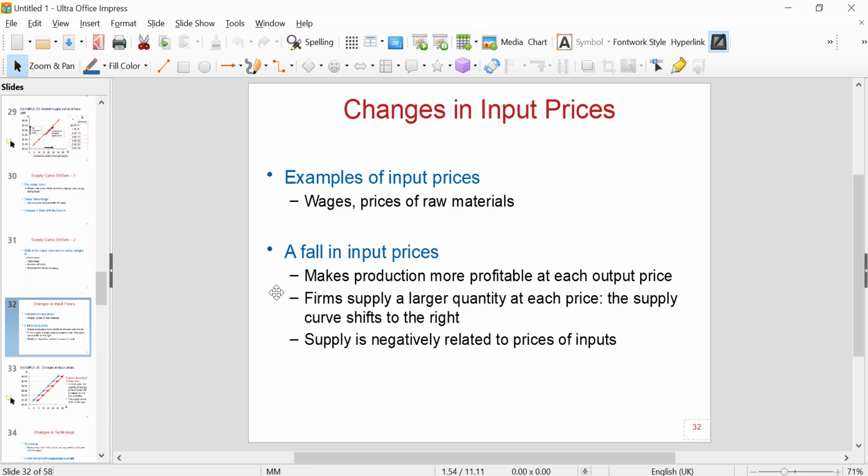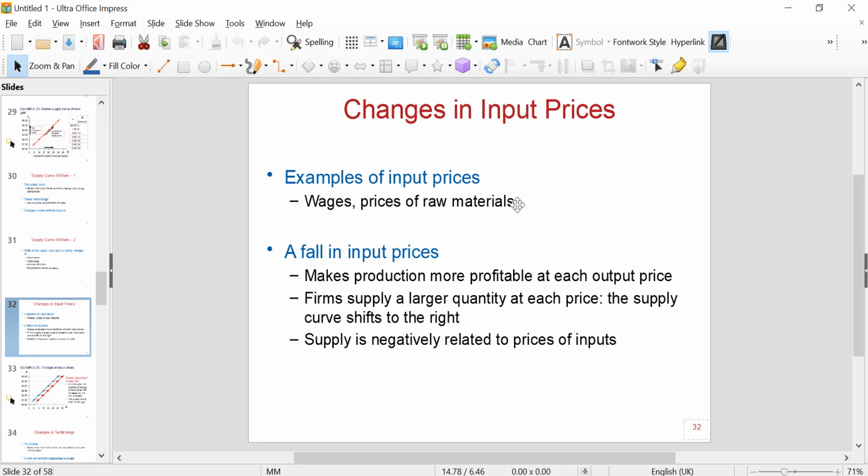Let's look at the first point, the input prices. As you know, production of goods requires inputs. This could include labor, and labor gets paid wages, and these wages are production costs, or the price of raw materials, or the rent for, let's say, the manufacturing unit or factory, or rent of the space for the warehouse.